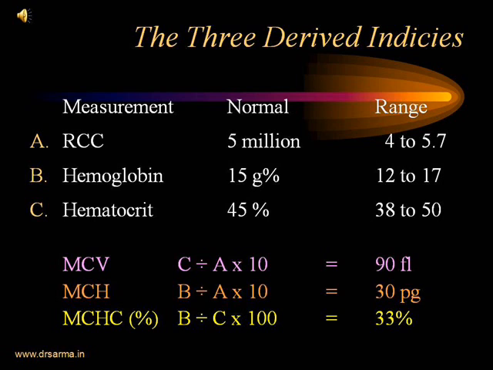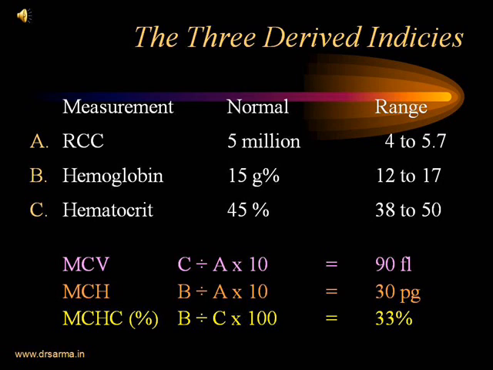MCHC, of course, is a ratio of B to C. B is hemoglobin, C is hematocrit, B divided by C is 15 divided by 45 multiplied by 100, which is equal to 33%. So MCHC is mean cell hemoglobin concentration percentage, and this is a measure which is useful in conditions like spherocytosis and elliptocytosis.